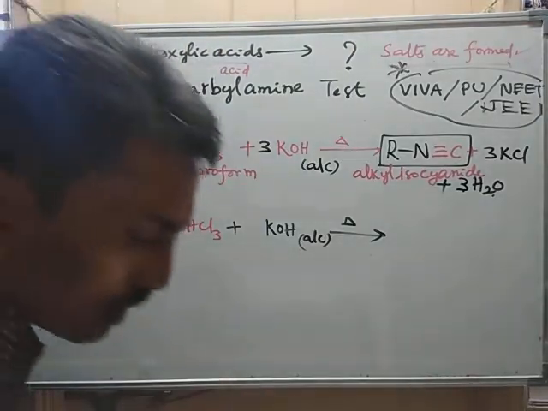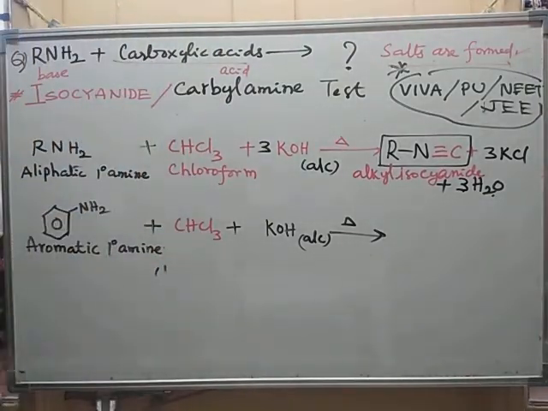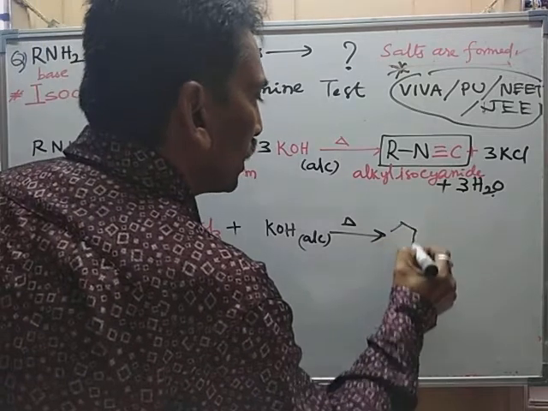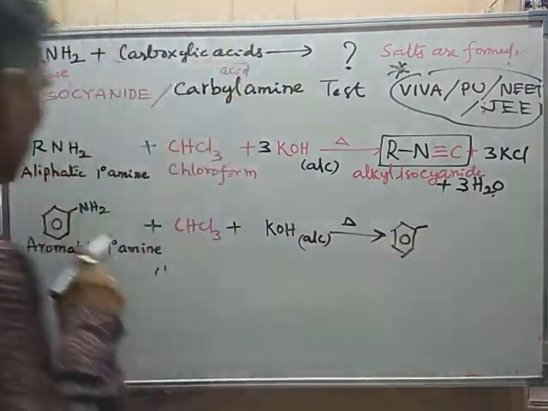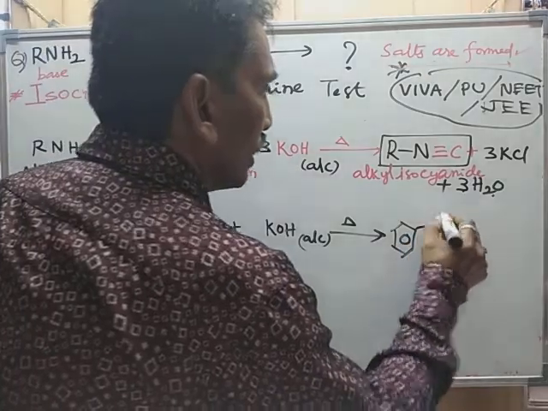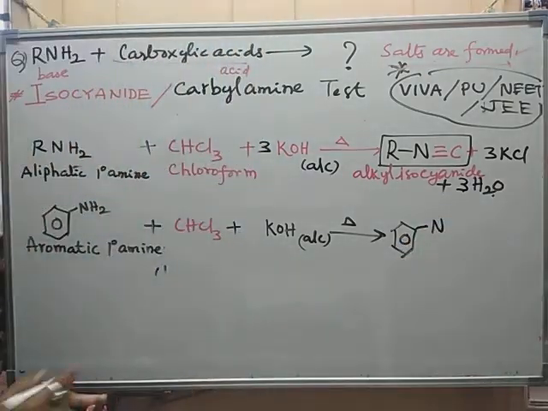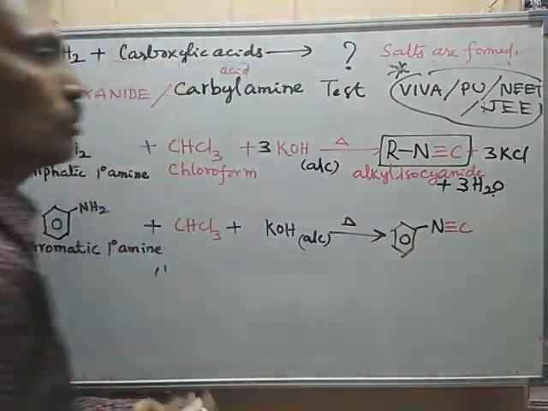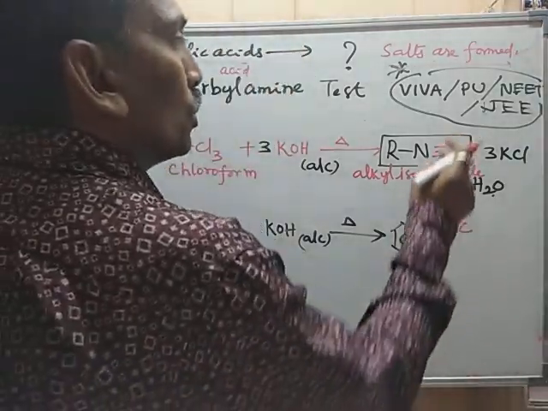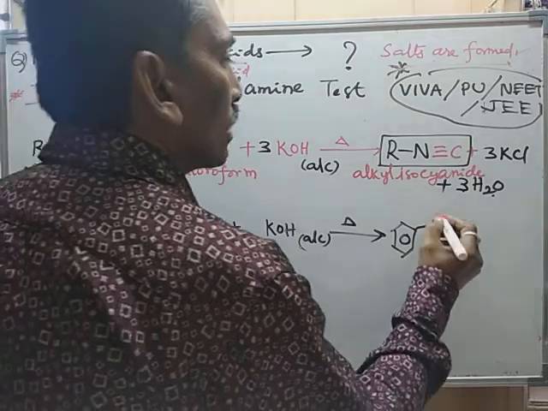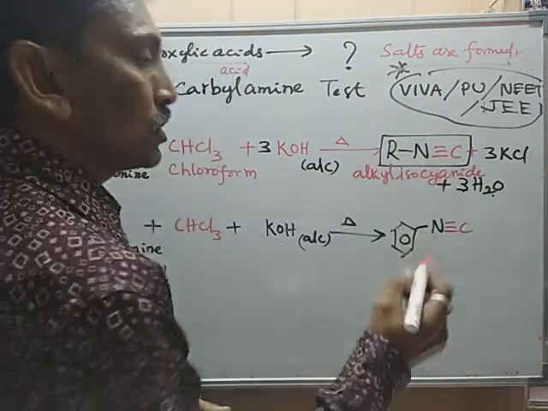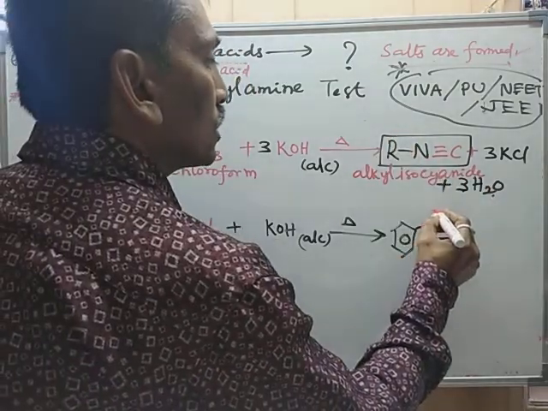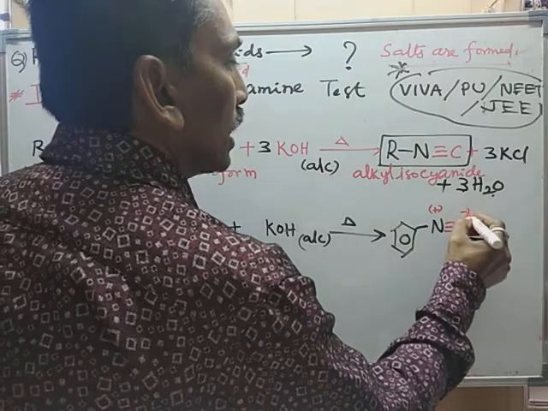How do you complete this reaction? By seeing the above one. In the place of R, the benzene ring is to be copied. Benzene ring, N as usual, and CHCl3, C is coming, N triple bond C, isocyanide. In this case nitrogen acquires a positive formal charge and carbon acquires a negative charge.